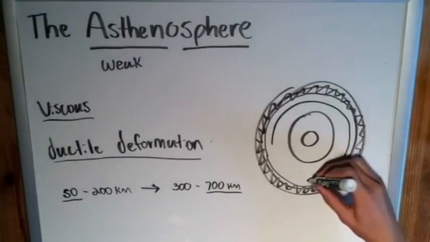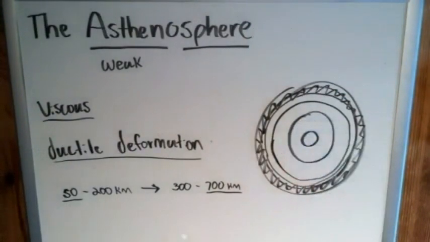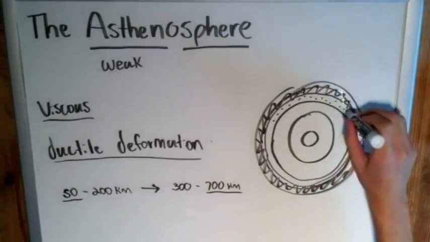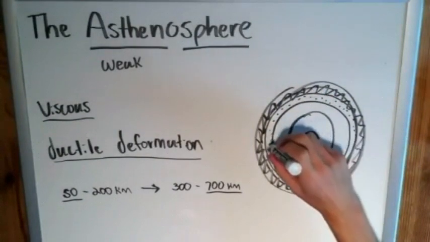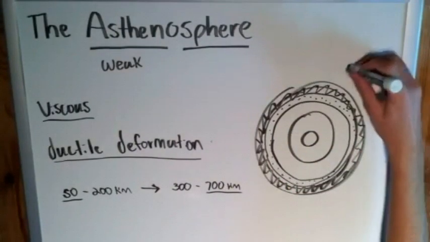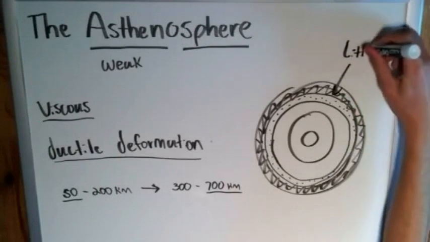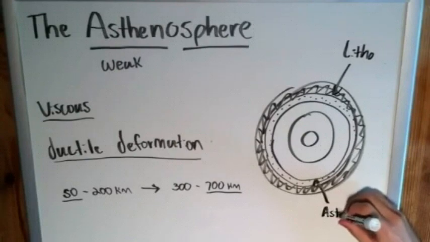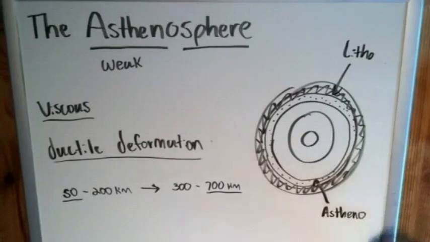In general, at most points, you'll find the asthenosphere to be thicker than the lithosphere, but together they make up a relatively small piece of the mantle. So that's why I left lots of open space in there. I'll just label that: there's the litho, there's the astheno. Together they make up a very small portion of the mantle.